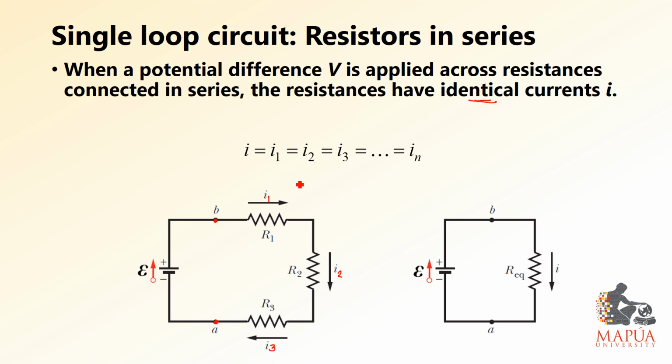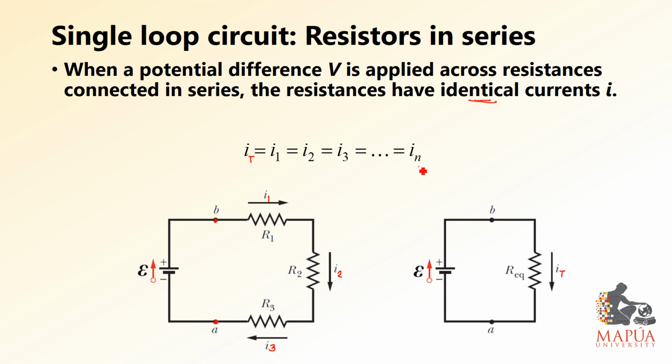So in this case, we have the total current within that single loop circuit with 3 resistors. So this is the total, and this is equal to the current flowing through R1, the current flowing through R2, the current flowing through R3.